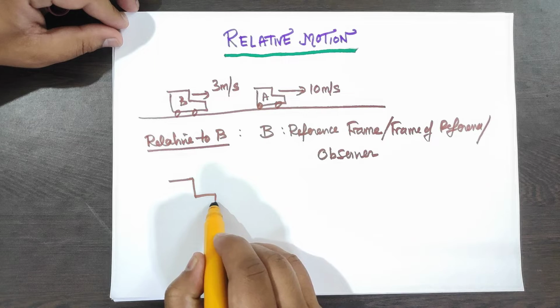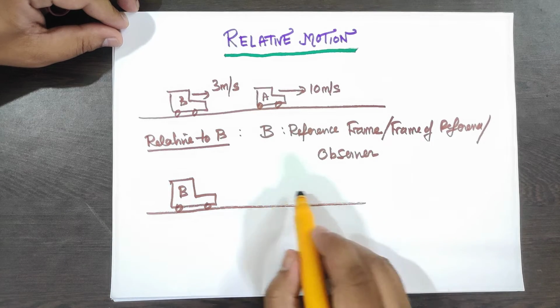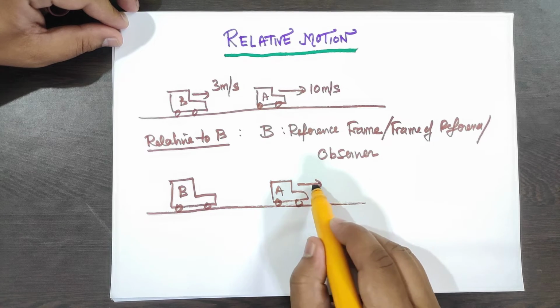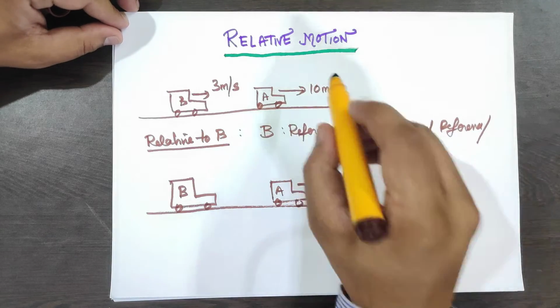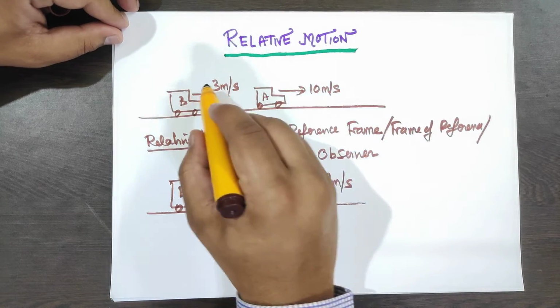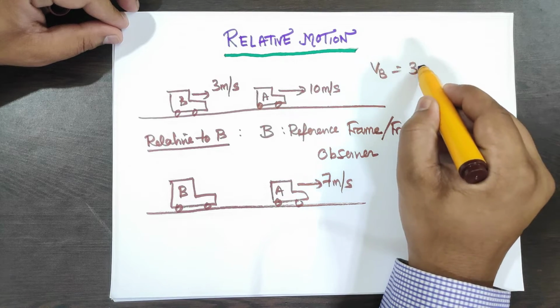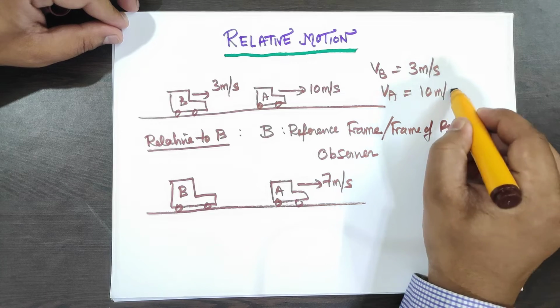So if you look from the viewpoint of B, then what is the velocity of A? The velocity of A is 7 meter per second, because VB is 3 meter per second and VA is 10 meter per second.